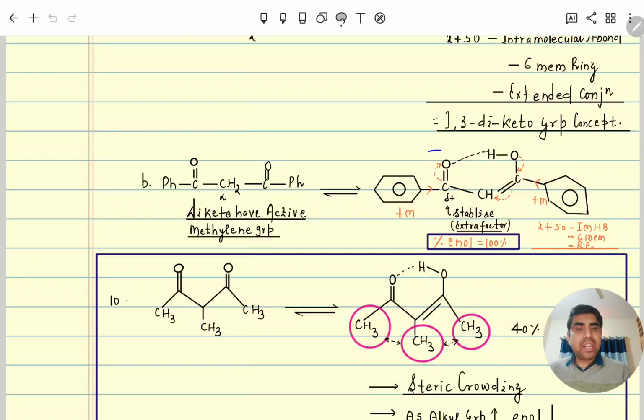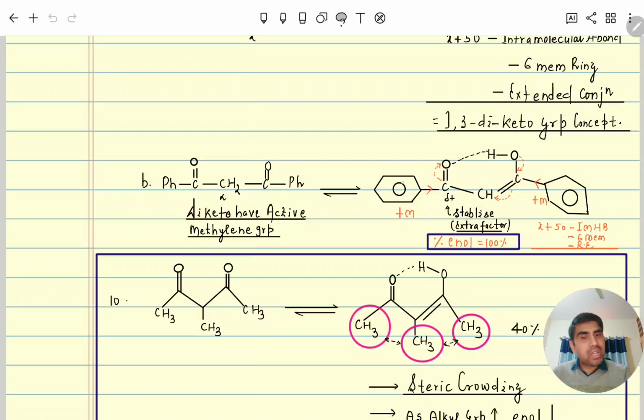Again, same as that, enol tautomerism happens, chelation happens, hydrogen bonding happens. So let's suppose its energy is X. Due to enol, it will be X plus 50 minus intramolecular hydrogen bonding, six-membered chelation, and resonance energy.